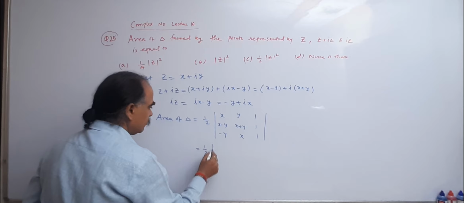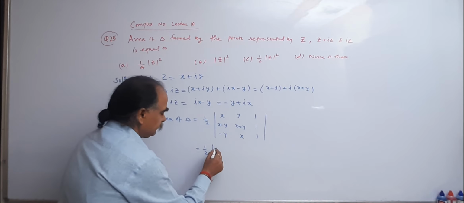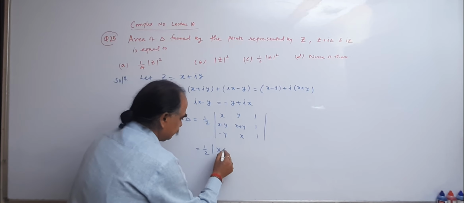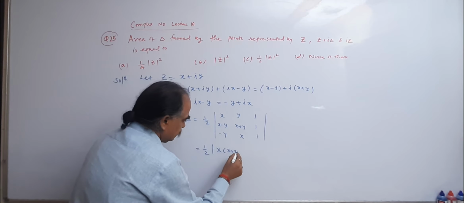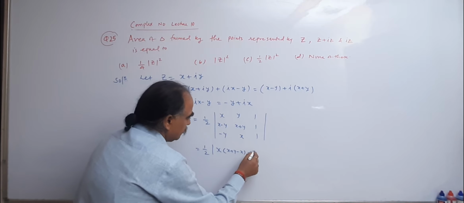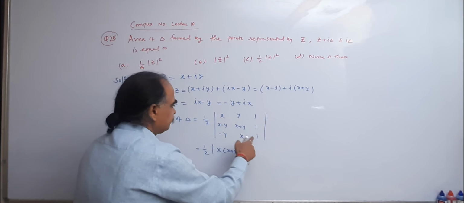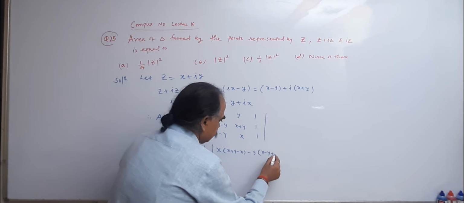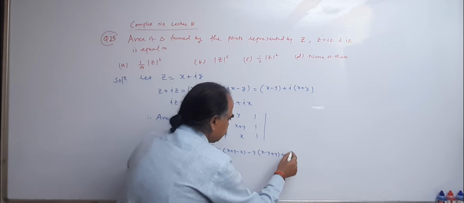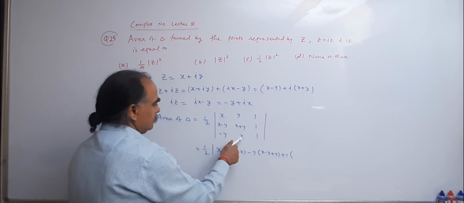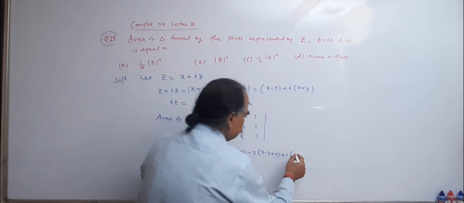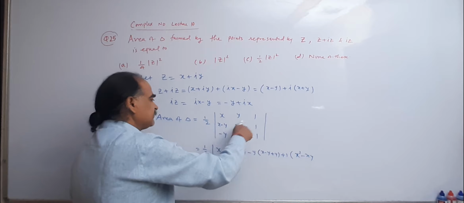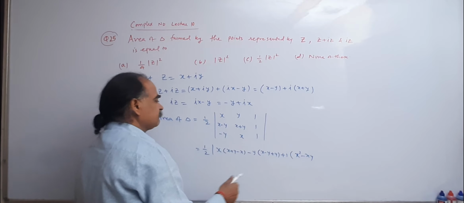Half into modulus x into x plus y minus x, minus y into x minus y plus y, plus 1 into x square minus xy minus xy plus xy plus y square.